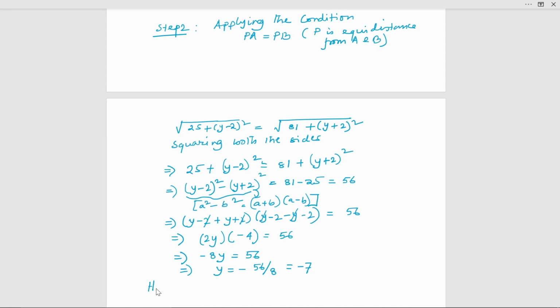Hence the point P takes the value (0, minus 7). So this helps to derive the point using the distance formula and the equations through which we are able to solve the value of y.